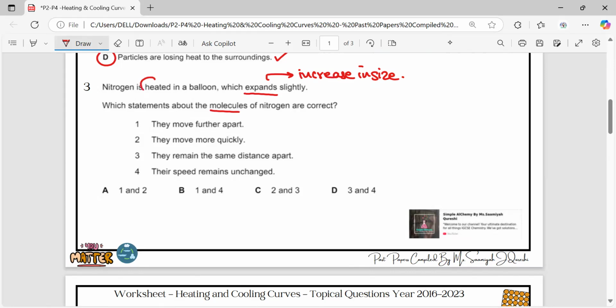As the balloon is heated, the speed will increase, so the statement that speed is unchanged is wrong. And if the speed increases, they will move far from each other, so the statement that they remain the same distance apart is also wrong, because the distance between them will increase. So statements 1 and 2 are correct. They move farther apart and they move more quickly. Option A is correct.